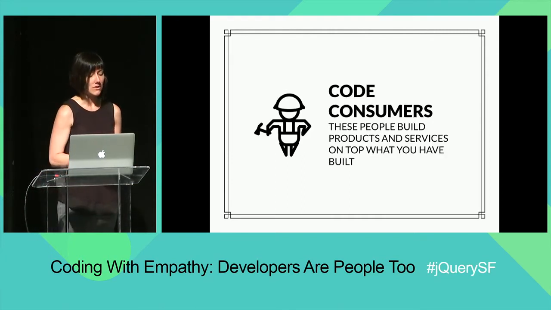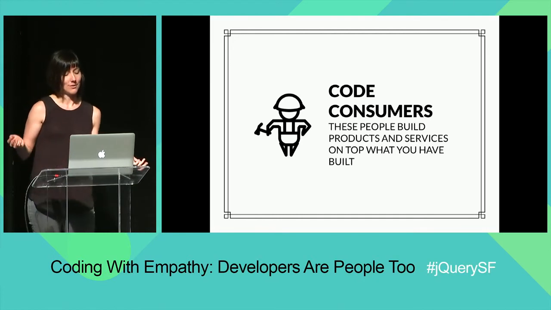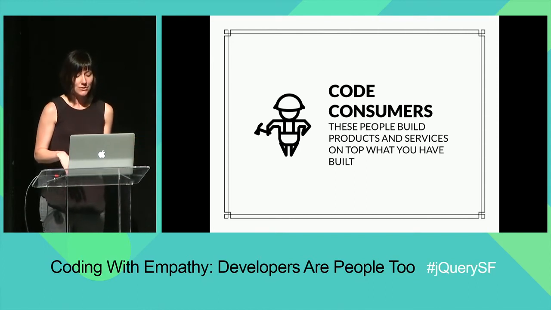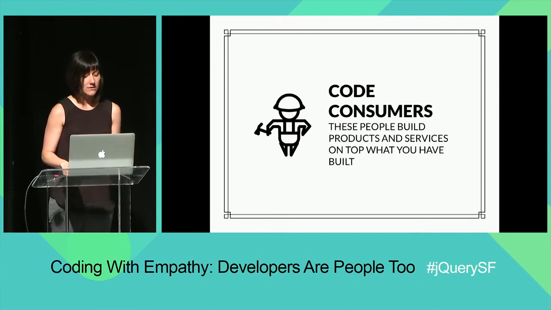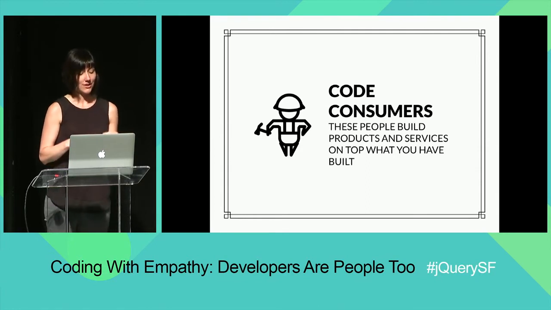Code consumers are the people who build on top of what you have built. A good example of this is maybe you work on a JavaScript framework, and then other developers use that framework as a service to build new services and other end products. There may not be any expectation that this group of people is working in the same subject area as you or your team.